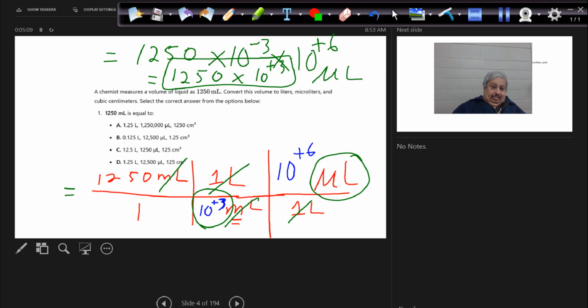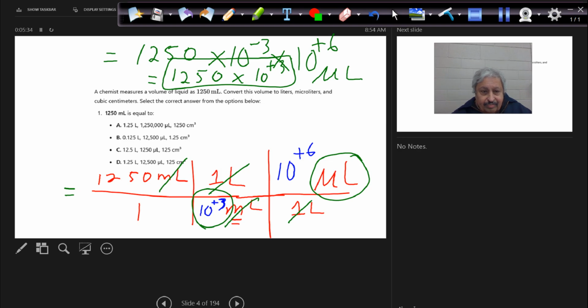Now let's see where the value is here. Which one is correct? Which one? Convert this volume to liters. Oh, this is milliliters.